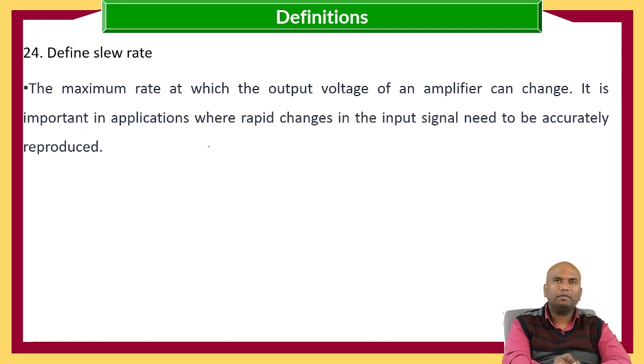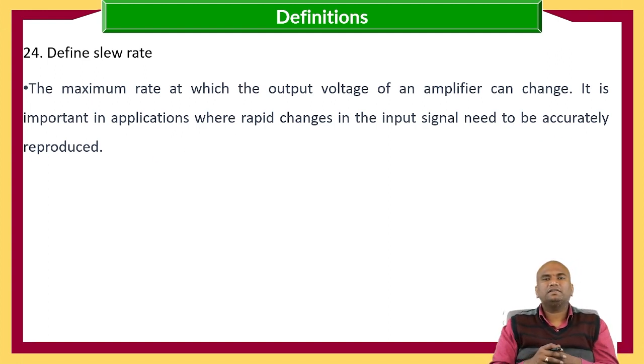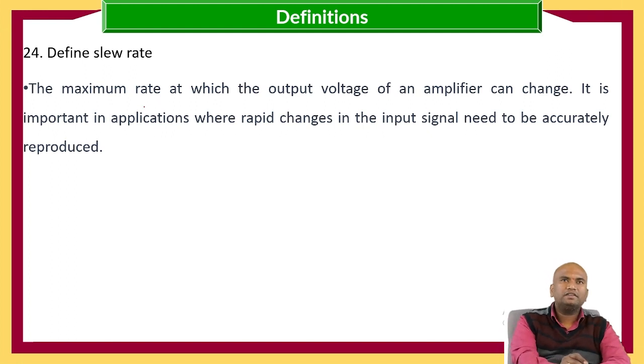It is important in applications where rapid changes in the input signal need to be accurately reproduced, because whenever we go with some applications there will be rapid changes in the input signal that should be accurately reproduced by the amplifier. So the slew rate is nothing but the maximum rate at which the output voltage of an amplifier can change.